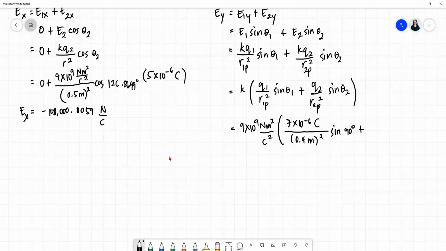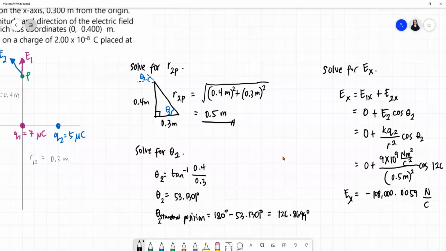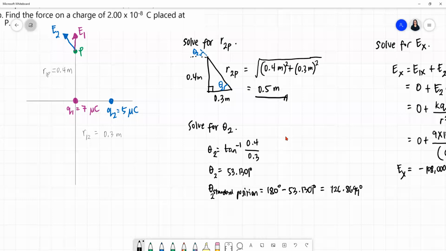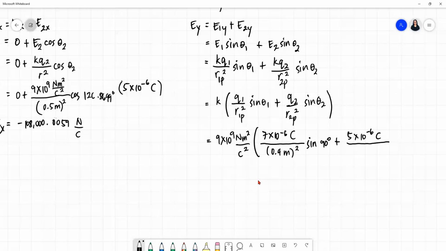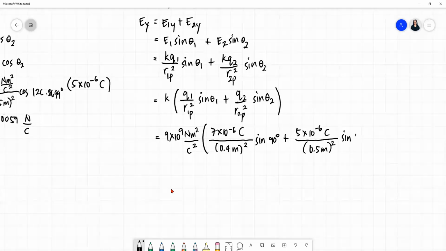Then plus Q2, which is 5 microcoulombs, so 5 times 10 to the negative 6 coulombs divided by R2P, so it's 0.5 meter, quantity squared, times sine of 126.8699.